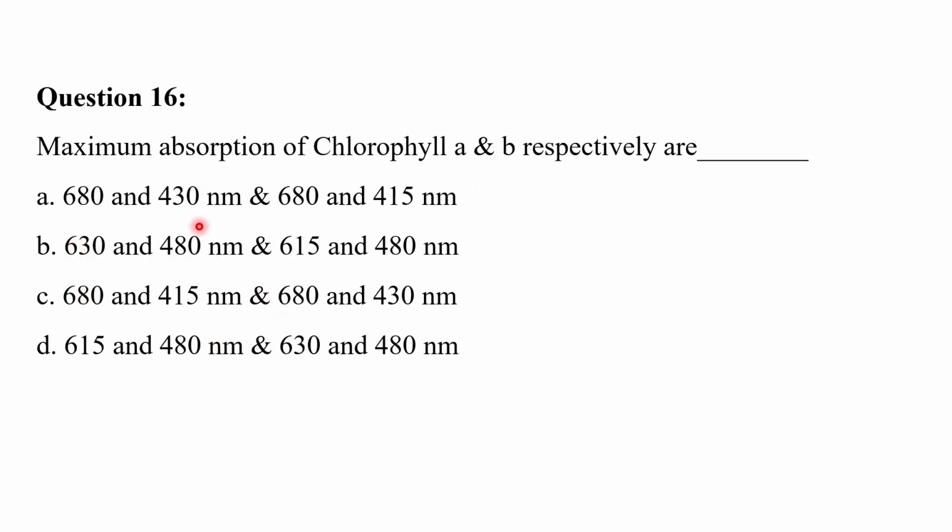Option B is 630 to 480 nanometer and 615 to 480 nanometer. Option C is 680 to 415 nanometer and 680 to 430 nanometer. And option D is 615 to 480 nanometer and 630 to 480 nanometer.